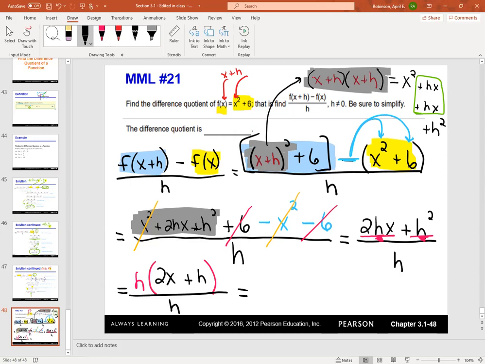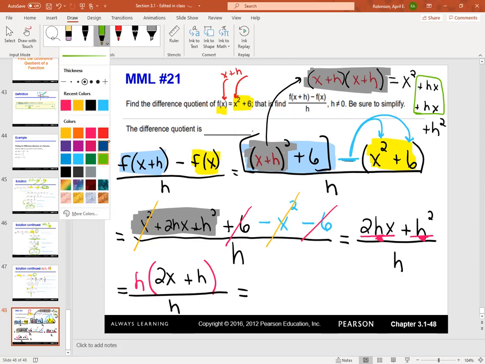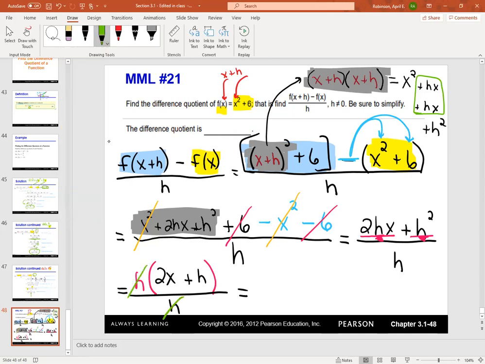And now once you factor that out, you can cancel out the h's because they're both monomials right there. So your difference quotient is 2x plus h. That's my answer.